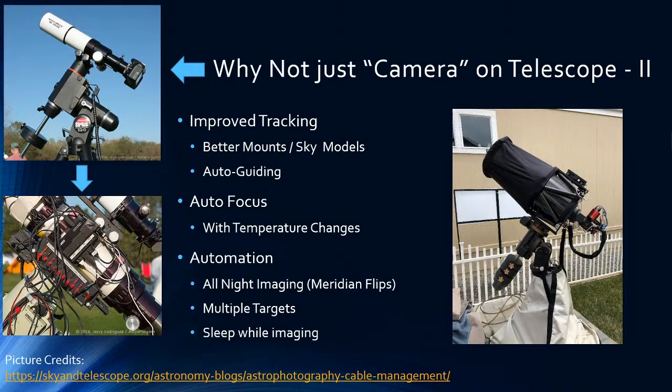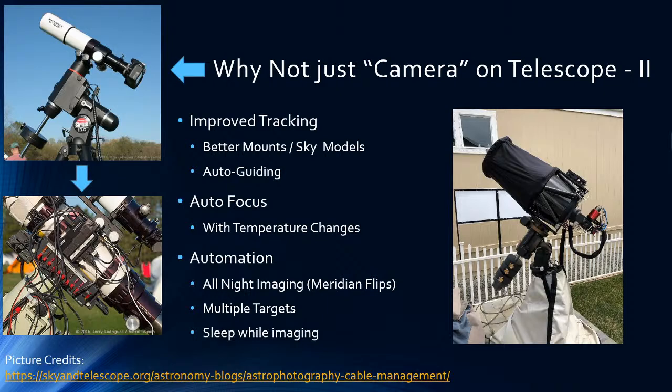The other thing that's driving just a camera and a small refractor on an inexpensive tracking mount is working towards improved tracking. So the stars appear to move in the sky because the Earth rotates.